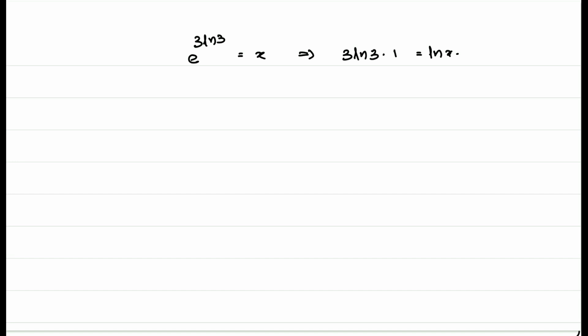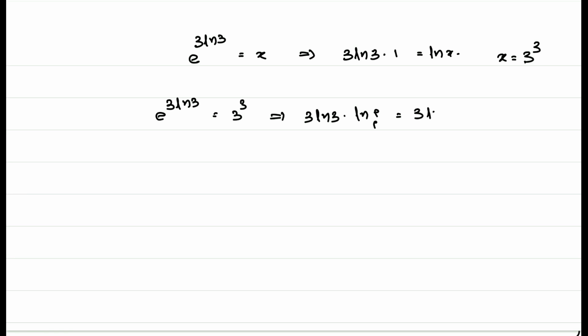If x is equal to 3 to the power of 3, then the left-hand side is equal to the right-hand side.